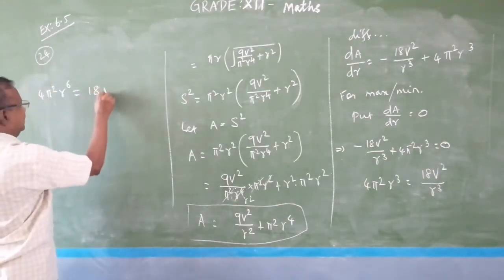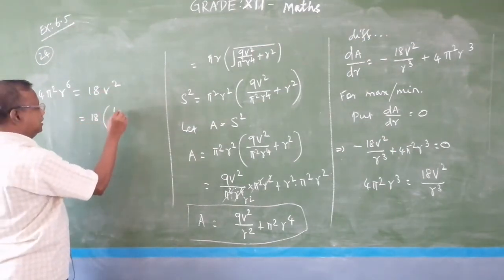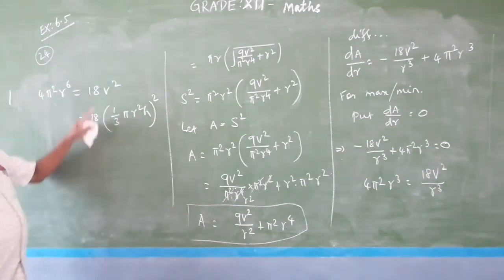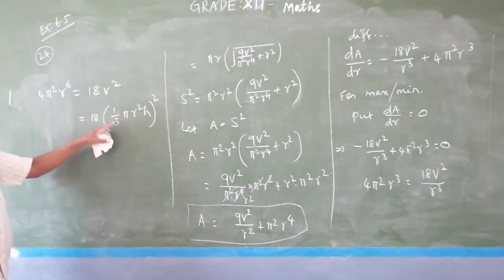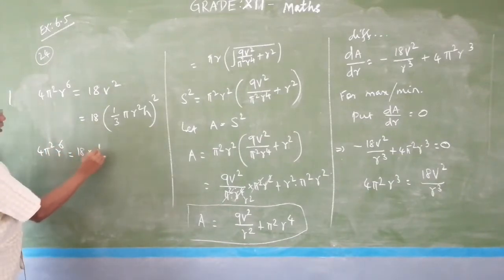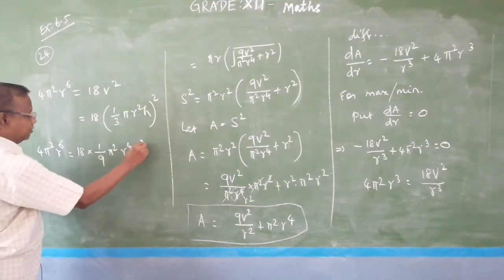18 V square, where V is 1 by 3 pi r square h, the whole square. That is 4 pi square r power 6 equal to 18 into 1 by 9 pi square r power 4 h square.